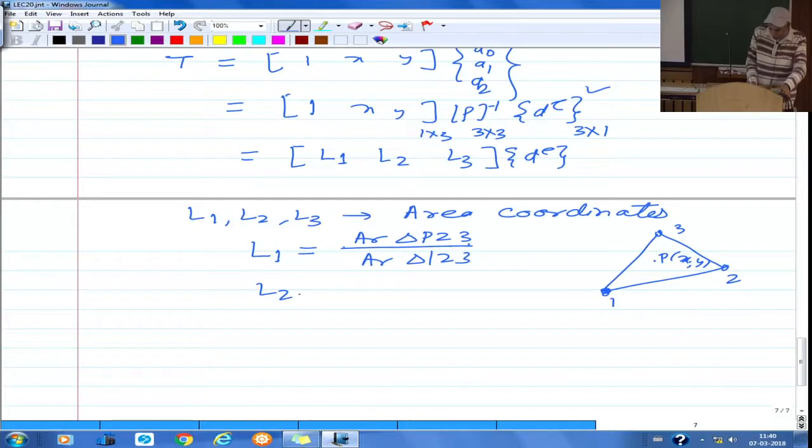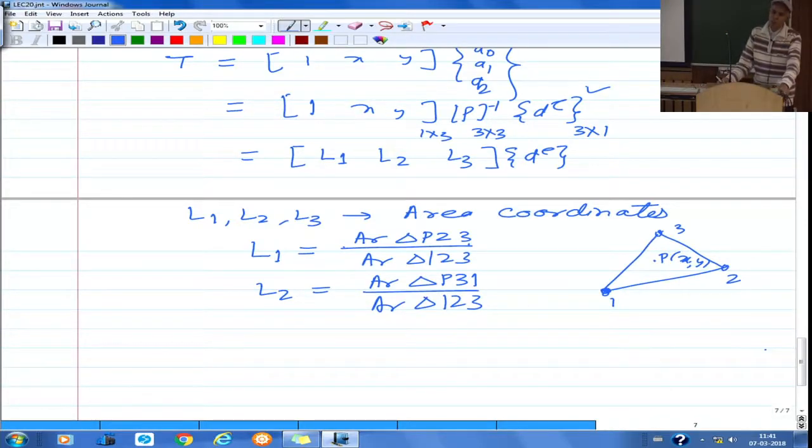So similarly L2 is given as the area of, now for 2 when we write, we take the area in front of that, so that is going to be P31. Of course you have to maintain the anti-clockwise sequence of the points. So area of the triangle P31 divided by area of the triangle 1, 2, 3. Again you can check the same property.